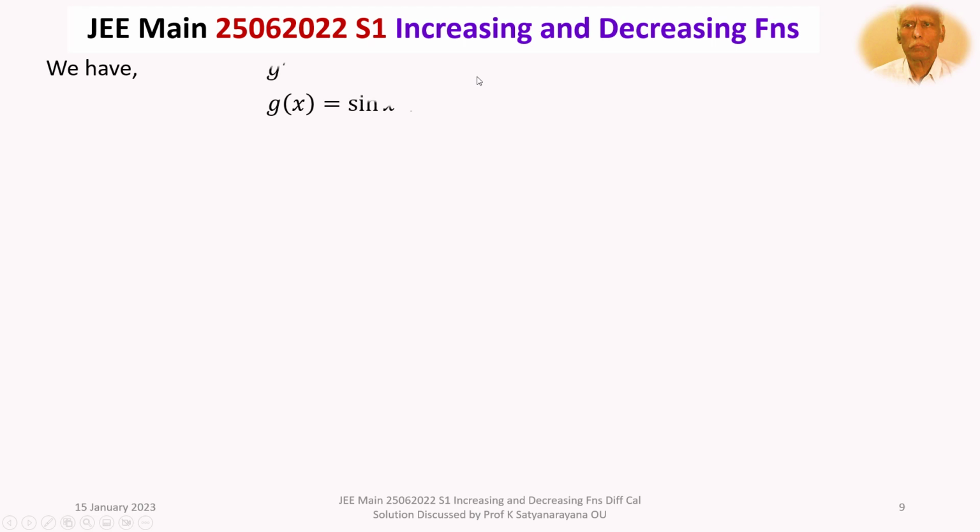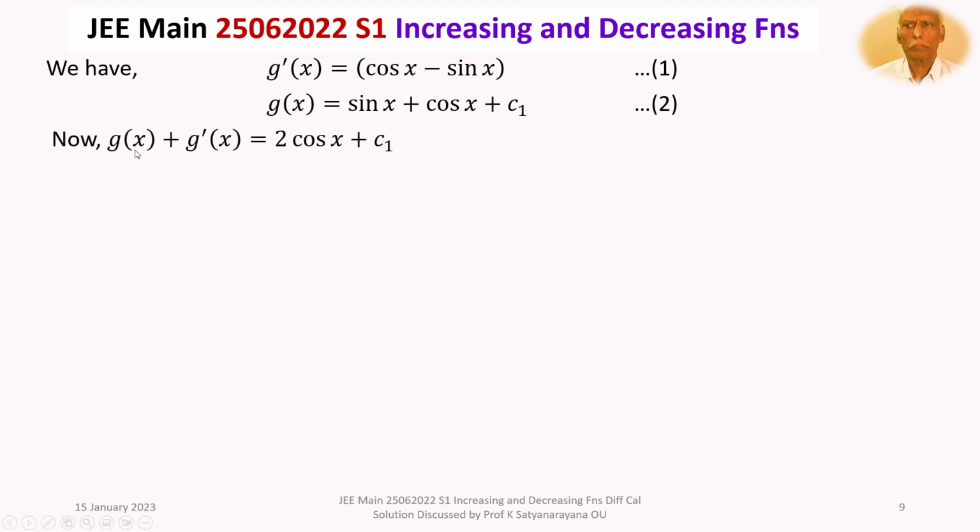So we have equation 1, g prime x is equal to cos x minus sin x, and g of x is equal to sin x plus cos x plus c1. That is equation 2. So let's add. Adding, we get g of x plus g prime x is equal to 2 cos x plus c1. It is 2 times scaling and the translation. Plus c1 means it shifts along the y-axis.